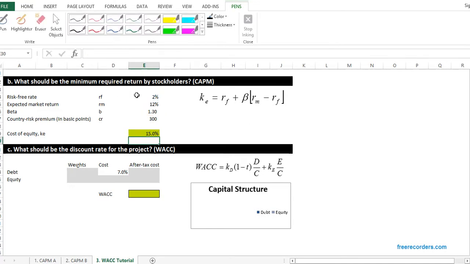Okay, the result is 15%, which would be the cost of equity for a developed country. For example, in the US, for this company, we would use 15%.